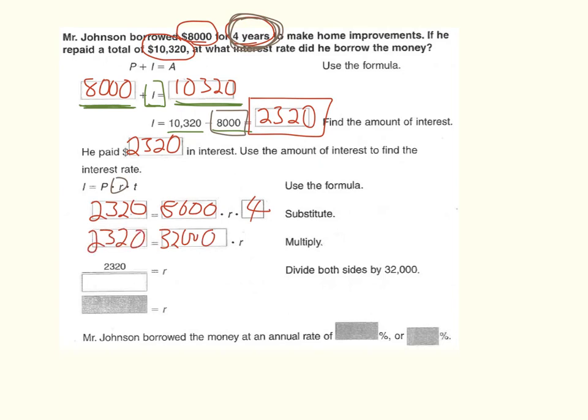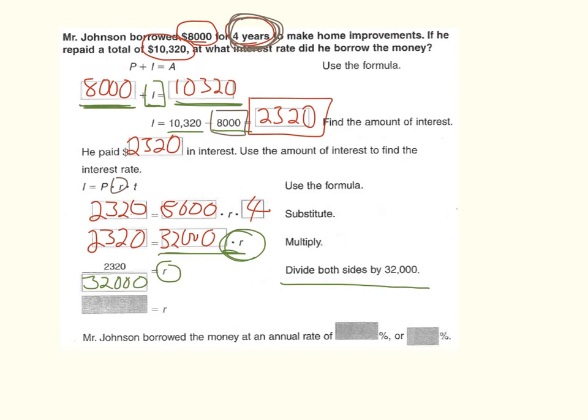So now I just need to figure out how to get R by itself. Well, the opposite of multiplying is dividing, and I want to get rid of this 32,000. So if I divide both sides by 32,000, I will end up with R by itself.